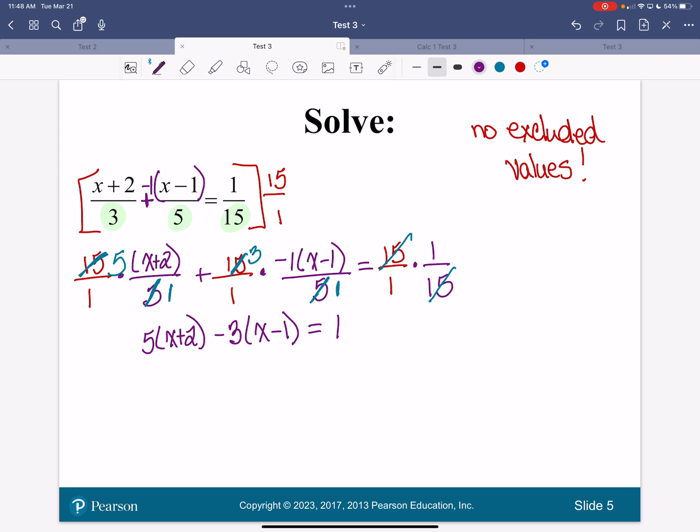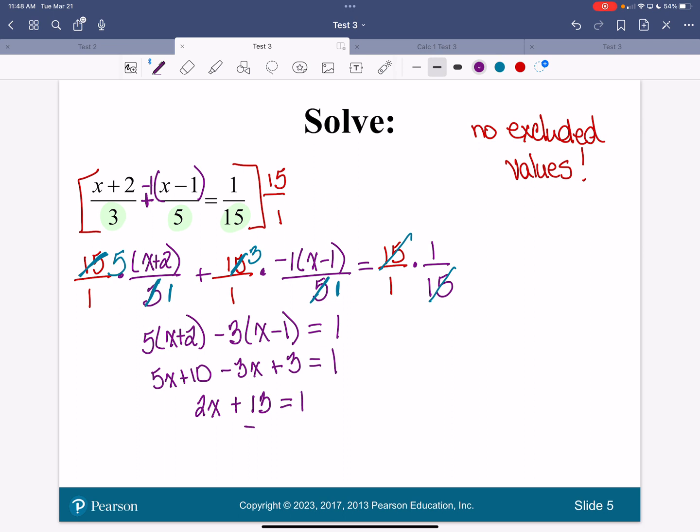We do. So I'm going to say 5x plus 10 minus 3x plus 3. Okay, don't forget you've got to distribute that negative. Oh, it looks like I'm left with 2x plus 13. Okay.